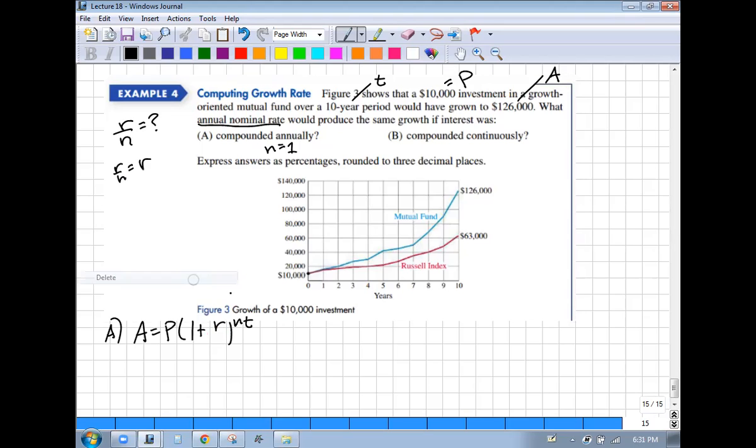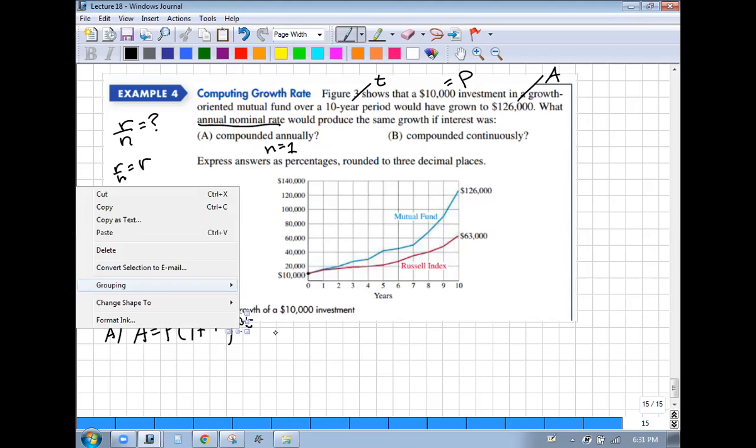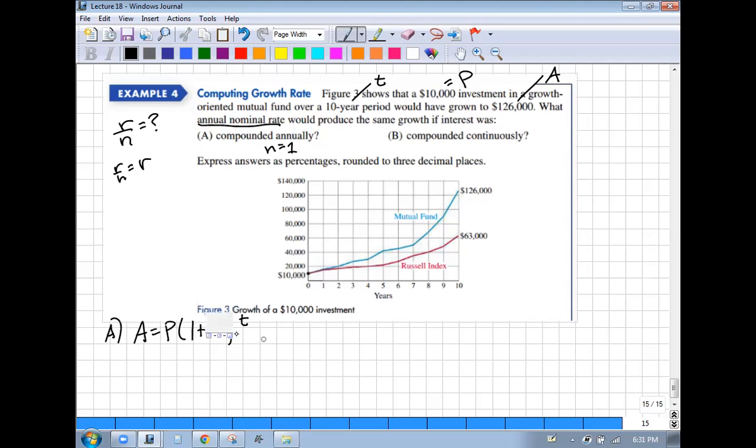But here, N is just 1, right? This thing simplifies to that. We are trying to find now what R over N is. Well, R over N is just R, so what is R? To solve for R, we plug in our numbers here, right? Or we could solve it before we even plug the numbers in.